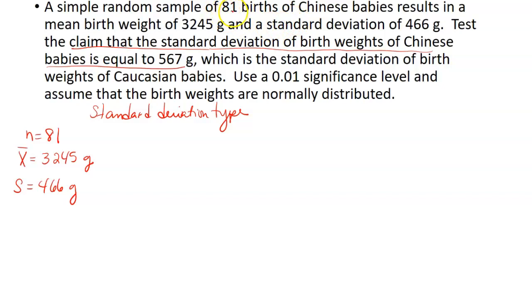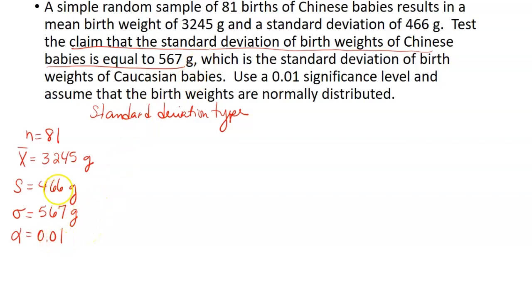It's coming from the 81 births. Okay, so we're going to be testing the claim about the standard deviation. So the standard deviation that's stated there is going to be the sigma that we use in our problem, which is 567 grams. We have an alpha of 0.01 for our significance level.